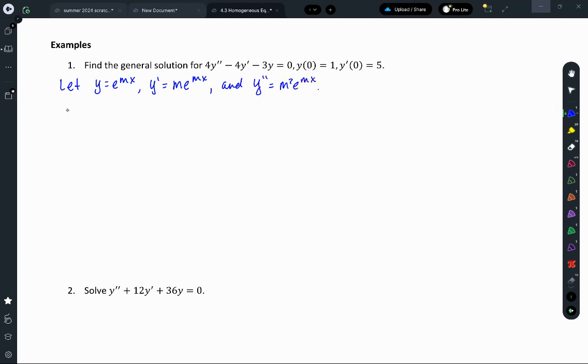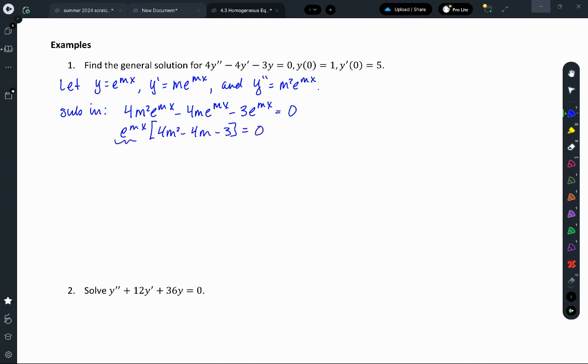Now I will sub them in. So I get 4m squared e to the mx minus 4m e to the mx minus 3e to the mx equals 0. I can factor an e to the mx out, and that leaves behind 4m squared minus 4m minus 3. That's all equal to 0.